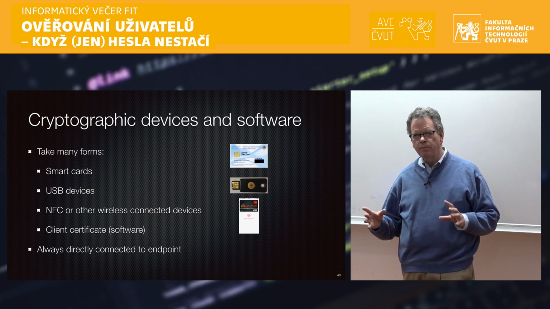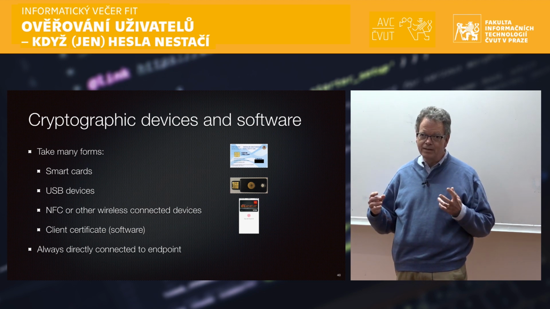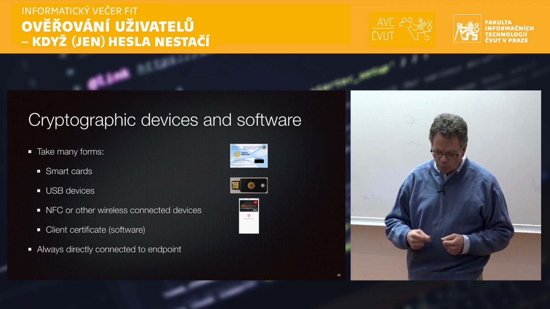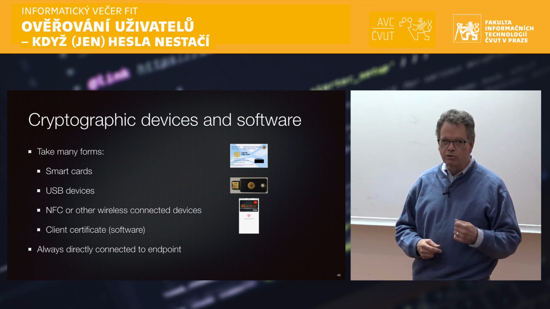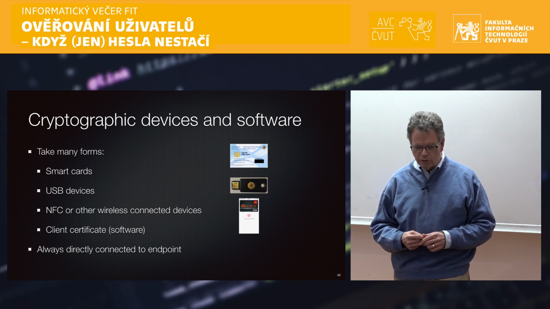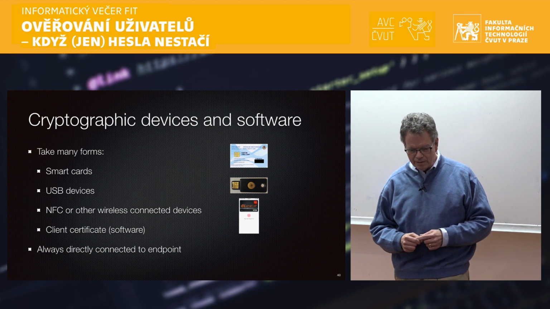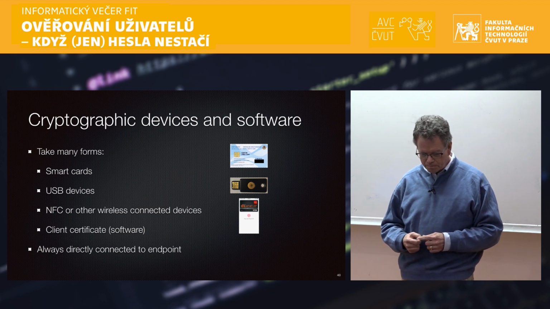The key thing with a cryptographic device is that it's always connected in some way, and I mean connected in both the hardware way and in the NFC or Bluetooth or whatever way. It's always connected to the endpoint so that it's a challenge response protocol that's taking place.